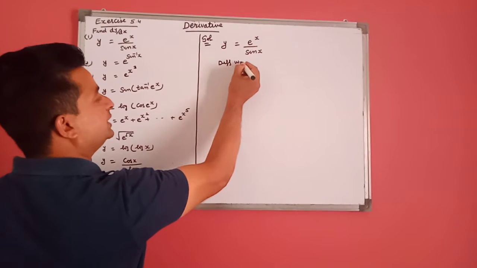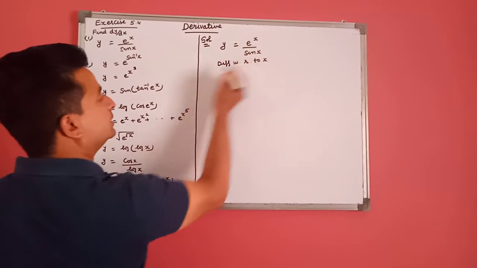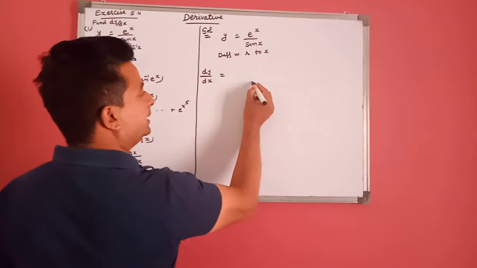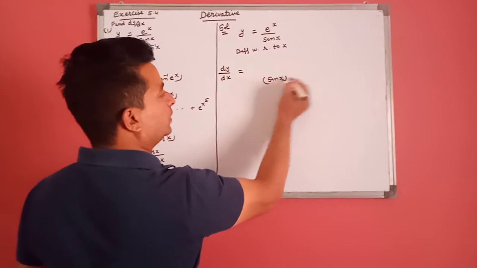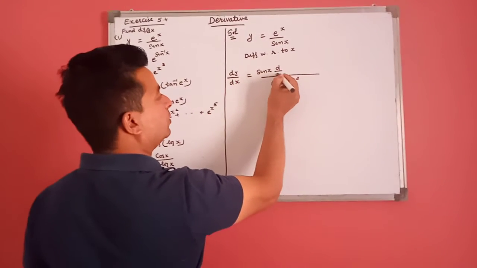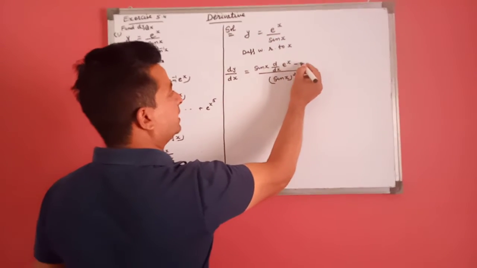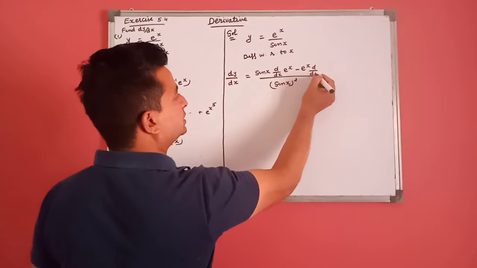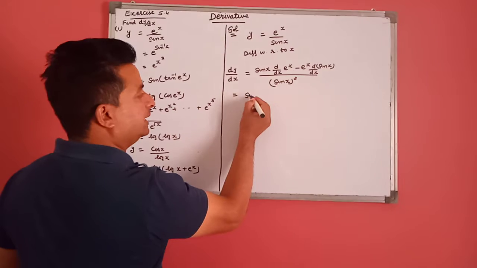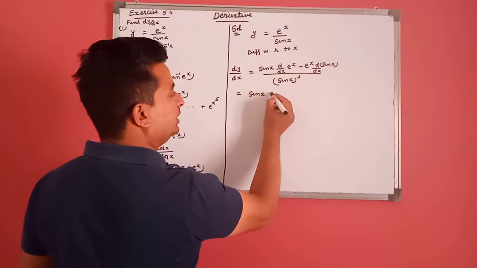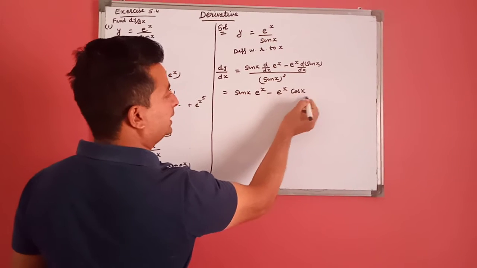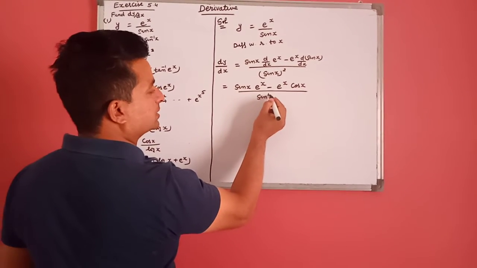When we differentiate with respect to x, in this question we use the quotient rule, that is (v du/dx minus u dv/dx) divided by v square. Here v is sin x, differentiation of e^x is e^x, and differentiation of sin x is cos x.